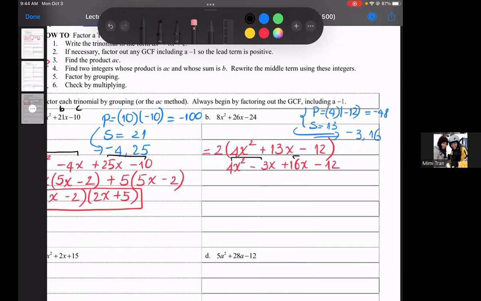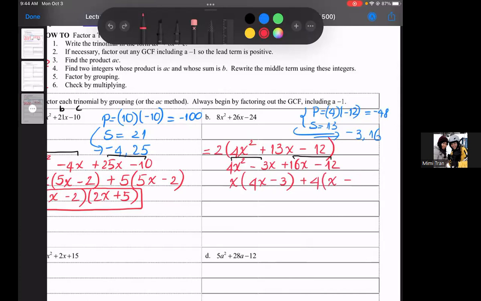Someone factor the first group for me. First group, yeah, just x, right? Just x, I think. And what's left is 4x minus 3. Someone else factor the second group for me. Plus 4, very good. X minus 3.